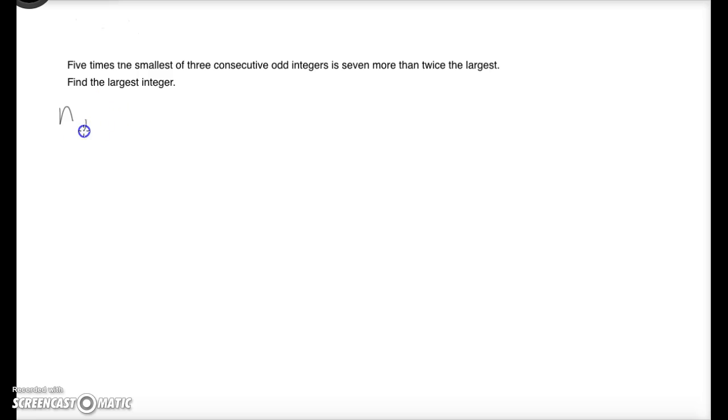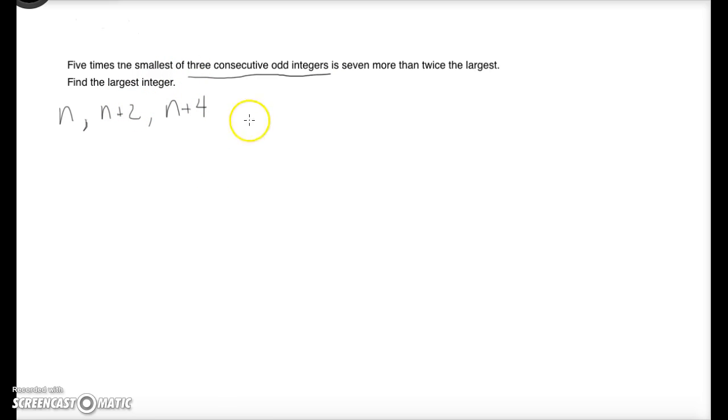So if n is our first odd integer, our next odd integer has to be n plus 2, and our largest has to be n plus 4. Okay, so we have 3 consecutive odd integers: n, n plus 2, and n plus 4.